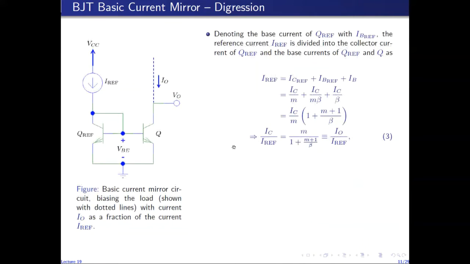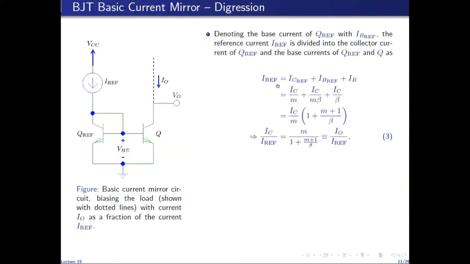So if I denote the base current of QREF with IBREF, we can see that IREF divides into the collector current of QREF and this branch. And this branch contains the base current of QREF and the base current of Q. The base current of Q is equal to the collector current of Q divided by beta.